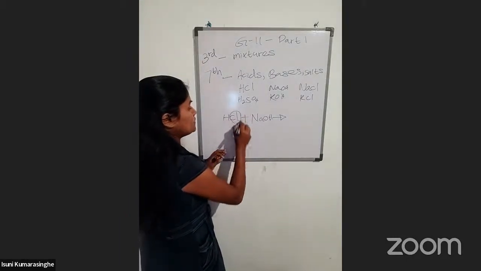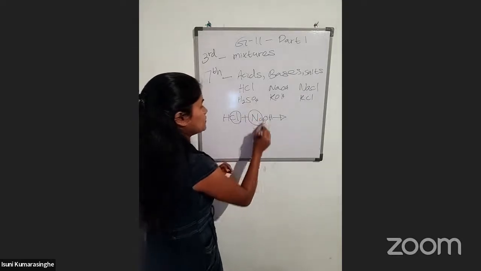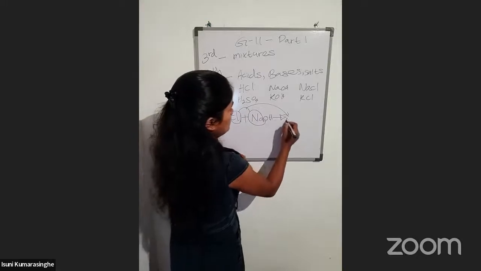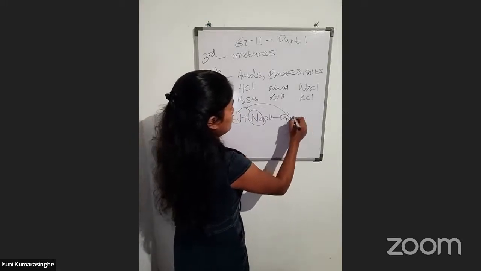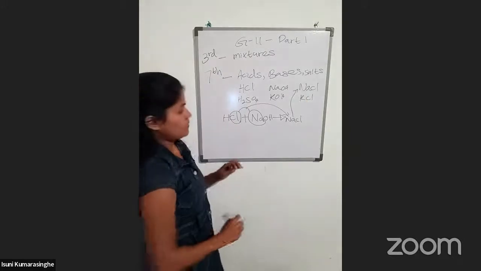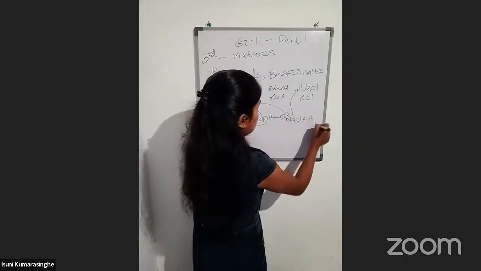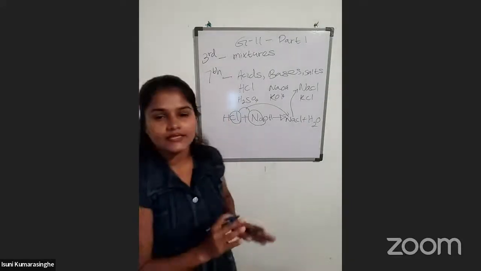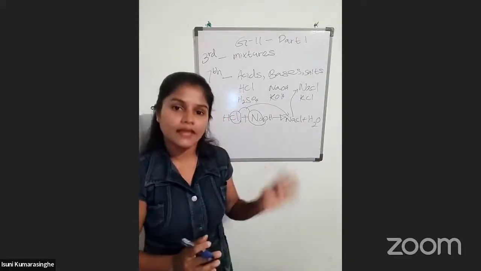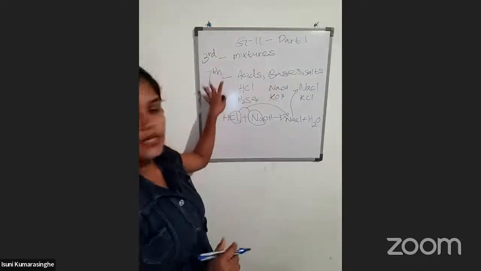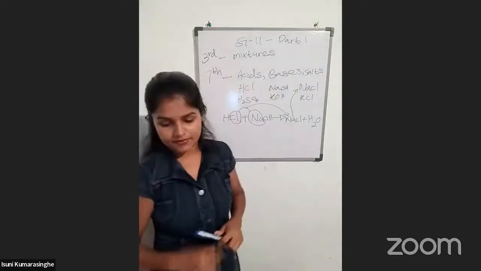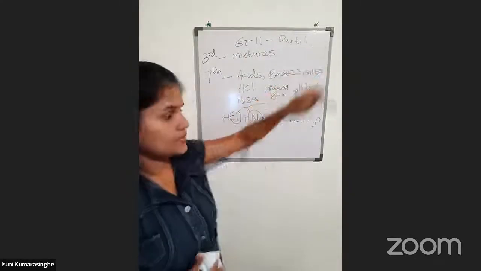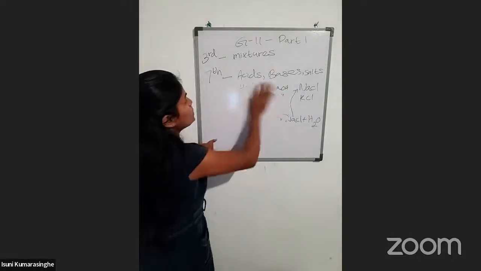The negative part of the acid and the positive part of the base combine to form the salt, sodium chloride, plus water. Likewise, you have to have an idea about acid, base, and salt and their reactions. Those will be covered under the 7th lesson of your grade 11 part 1 syllabus. I will cover all the things.